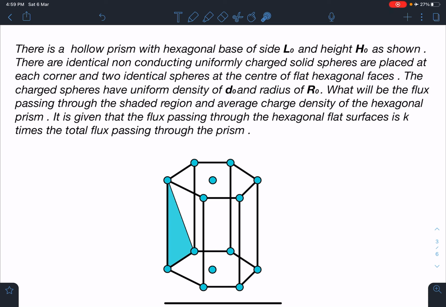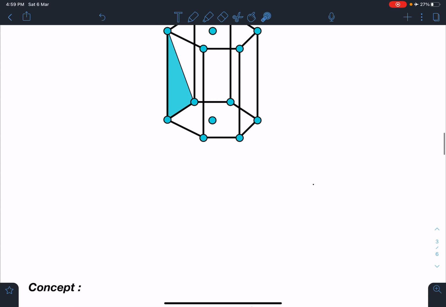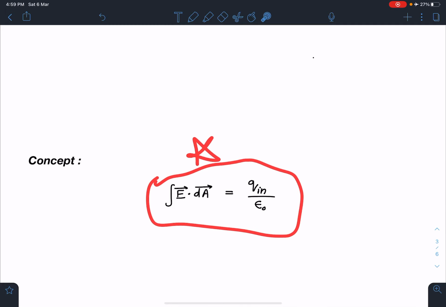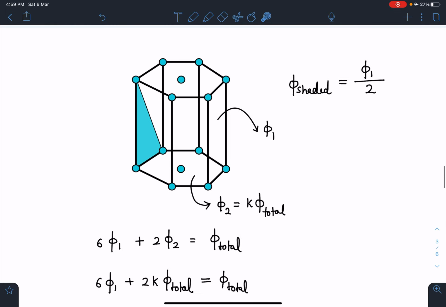It is given that the flux passing through the hexagonal flat surfaces is k times the total flux passing through the prism. So let's start this problem. Concept-wise, we will be using Gauss theorem. You can see, guys, these 6 rectangular faces are going to be identical.